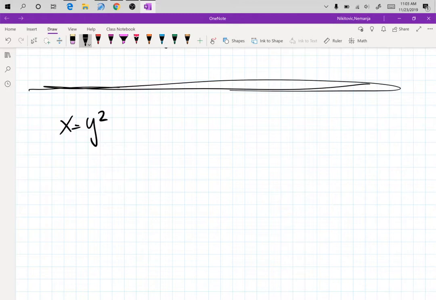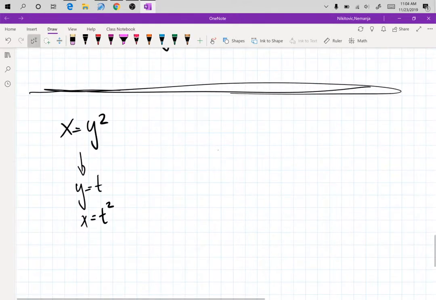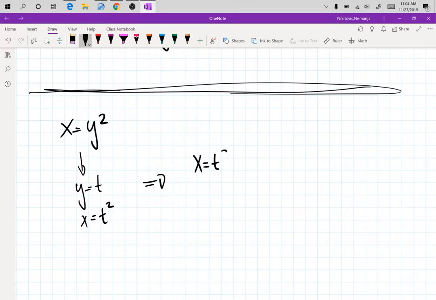Now, we can create a parametric set by starting with saying y equals t, and then in that case x needs to be t squared. So we can create a parametric set x equals t squared, y equals t.